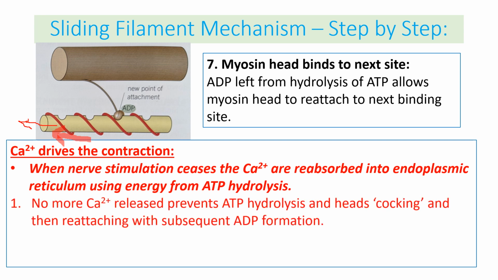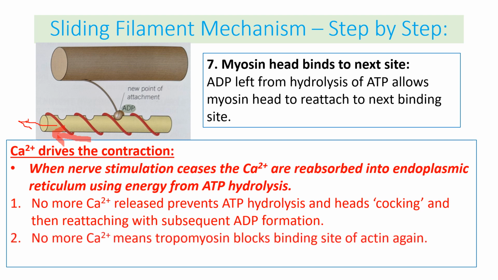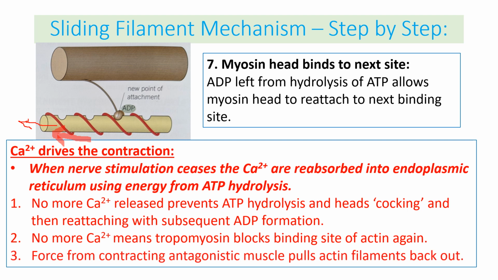That means no more calcium ions are released. That prevents the ATP hydrolysis, and that prevents the head cocking and then reattaching due to the subsequent formation of new ADP. No more calcium ions also means tropomyosin doesn't go through a conformational change, and therefore it will go back and block the binding site of the actin again, preventing the actin and the myosin from attaching and forming cross bridges.